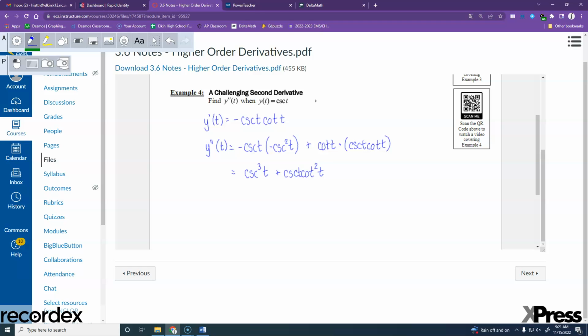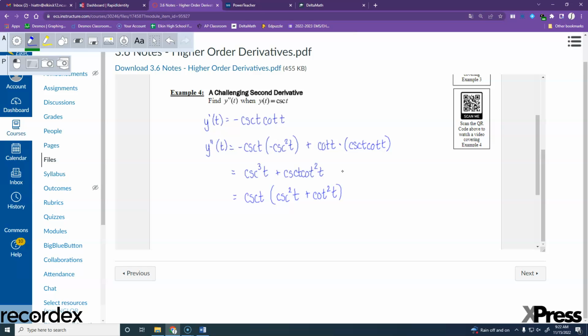So what could I do here? There's going to be an easier way to deal with it. I've got a cosecant that's in both terms, so I'm going to factor out a cosecant t. That'll leave me with cosecant squared t plus cotangent squared t.